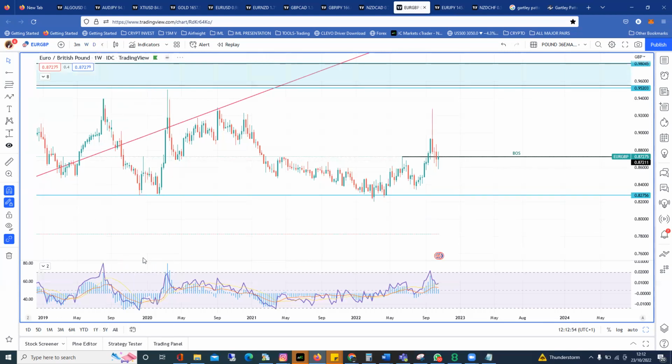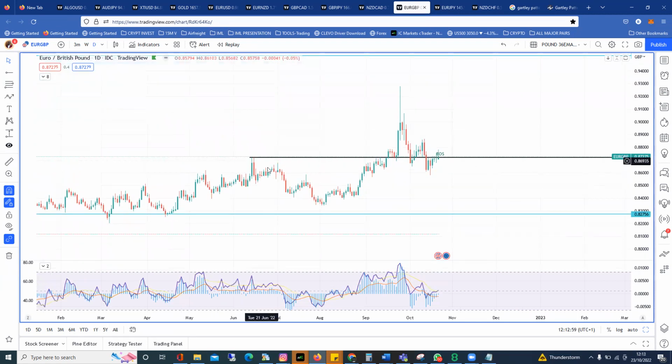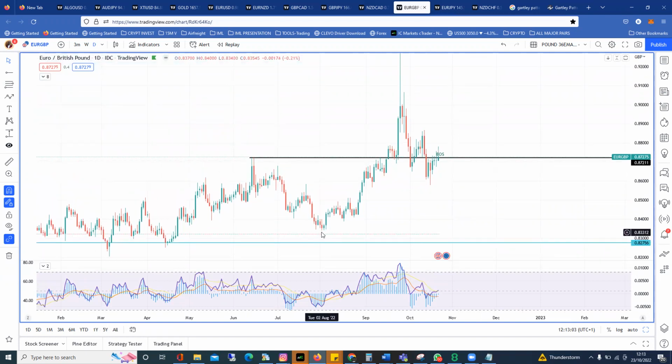So if we look a little bit into daily, let's see what is going on here. So on the daily chart, the same trend lives from this low to this high, to this low, to this high, to this low. So we have that, back to that, back to that, back to that, and we have a series of back to this one.